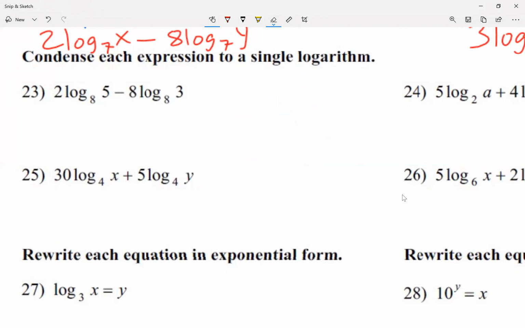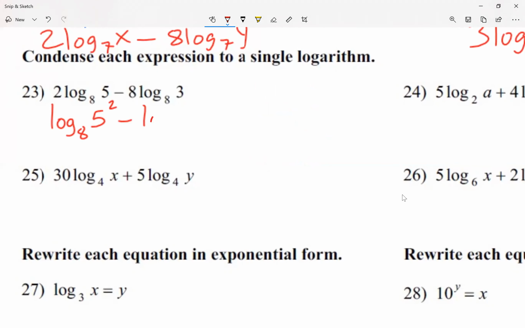The next thing we're going to do is the number in front of the log, bring it as an exponent. So question number 23, I'm going to write this as log base 8 of 5 squared minus log base 8 of 3 to the 8th.